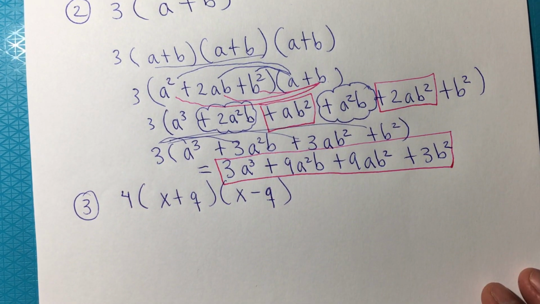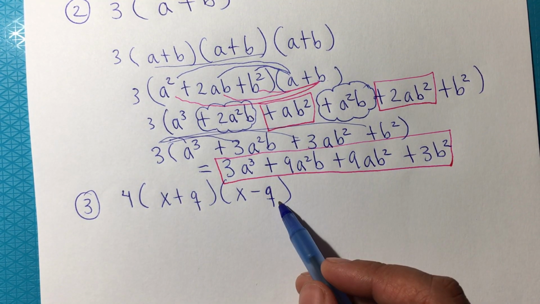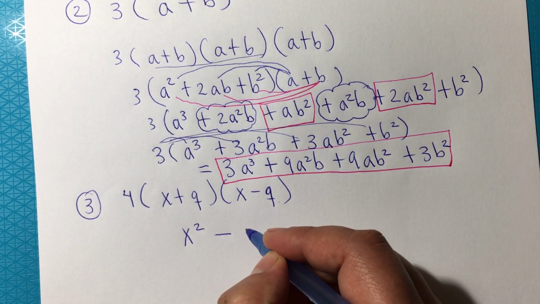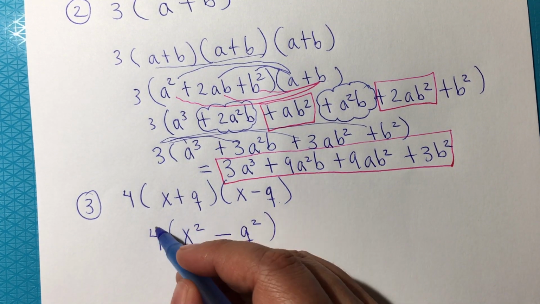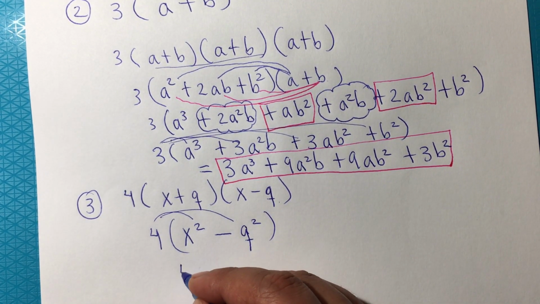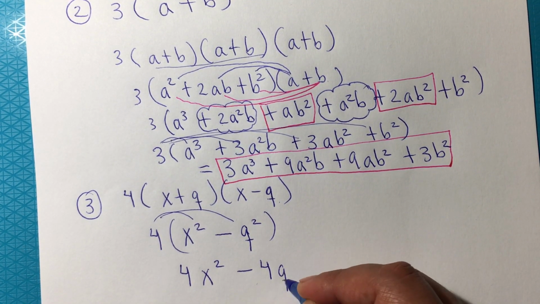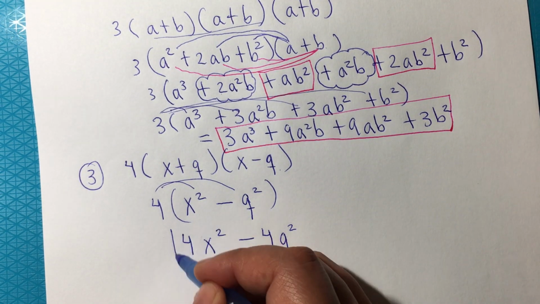Okay, for the last one in the warm-up, I noticed that these are again factors of a difference of squares, so I know that it's going to be x squared minus q squared. And I multiply by 4, use distributive property, and I get 4x squared minus 4q squared. Okay, and that'll be the answer here.